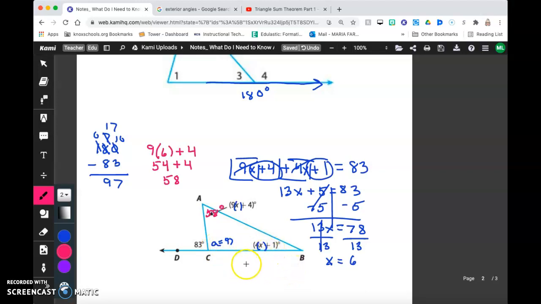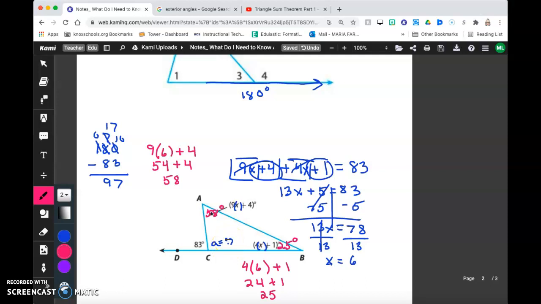And then for this one down here, 4 times, instead of my x, plug in that 6. 4 times 6 plus 1. 4 times 6 is 24, plus 1 is 25. So we can check to make sure that our angles are correct. We already figured out this was supposed to be 97.